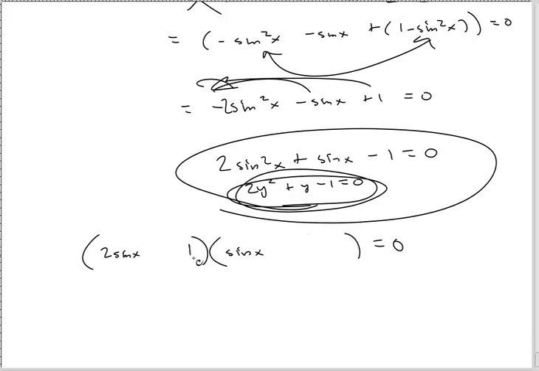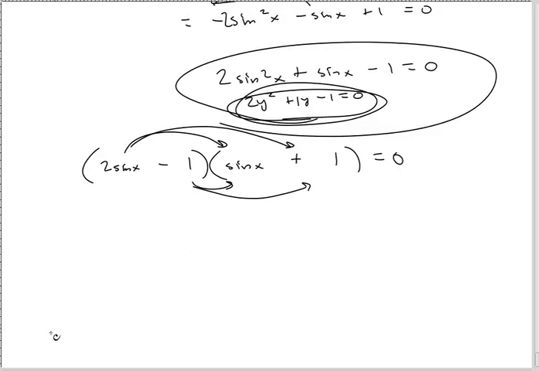So I'm choosing a 1 right here and a 2, because there's a prime number, so you just put one of them somewhere. And then 1 times 1 is a 1. It's negative, and there's a positive right here. So I'm going to put a plus sign here and a minus here. The reason is that when I start foiling, I get exactly what I want. You can go and check it. It should be fine.